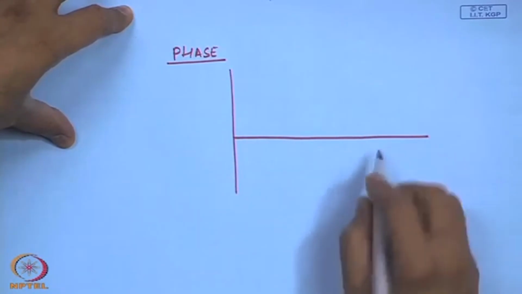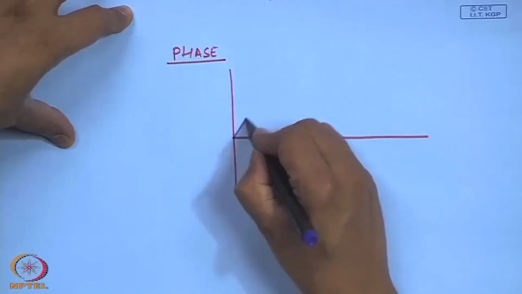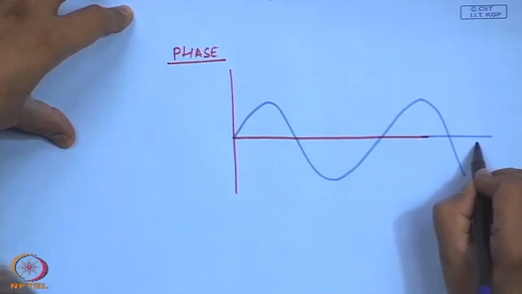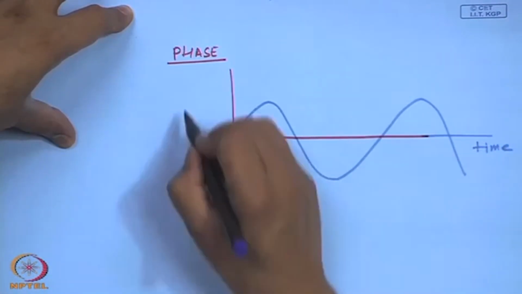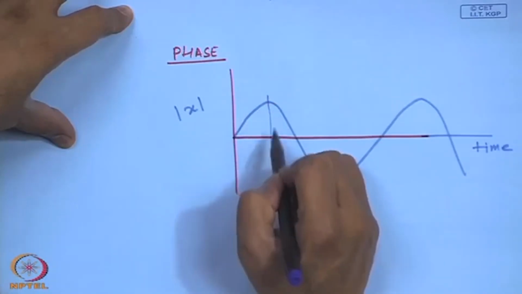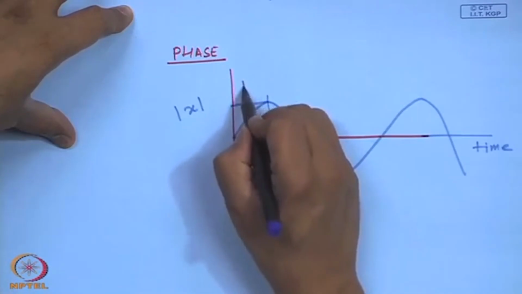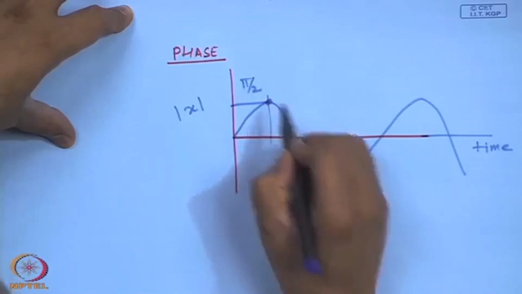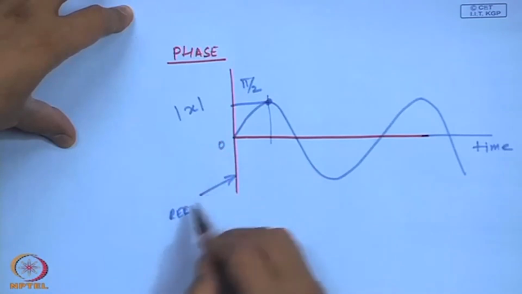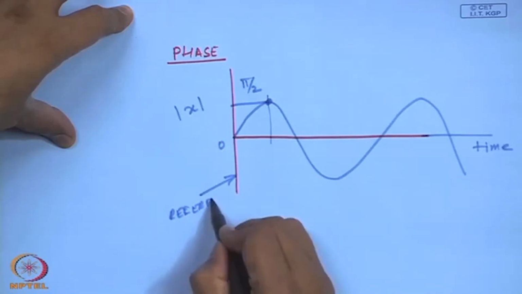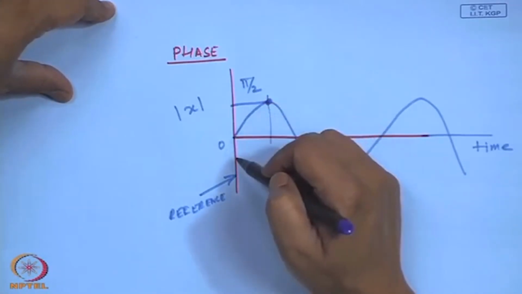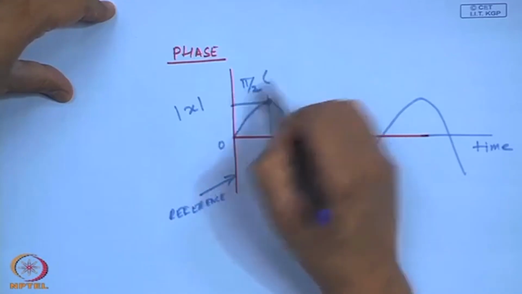If I was to define phase, if this is my signal x, and this is pi by 2, okay, this is my reference. The first occurrence of a maximum amplitude from the reference plane is the phase.